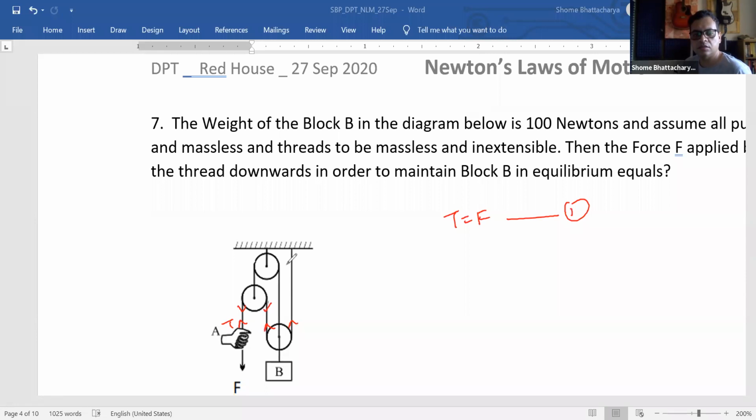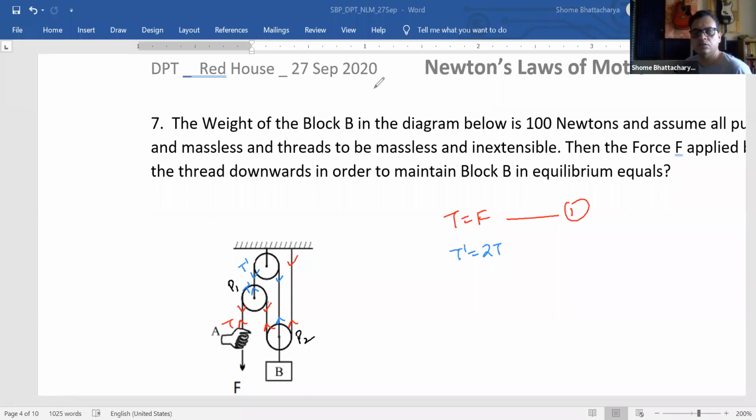Let us now label this pulley as P1 and this pulley as P2. Now this other string will develop some tension, let's say T prime, and because the pulley is massless, T prime will be equal to 2T.